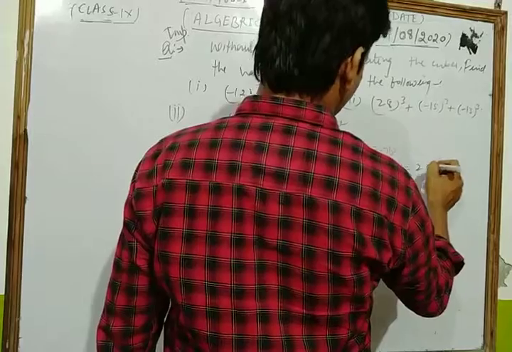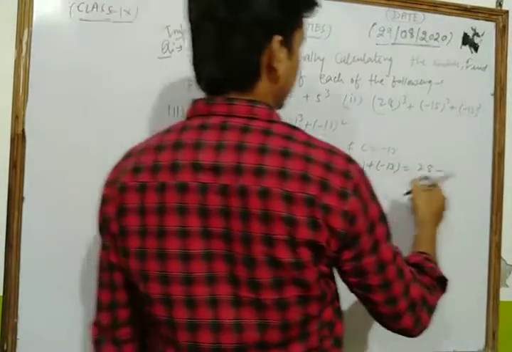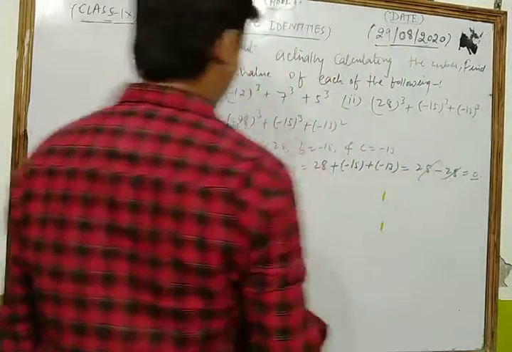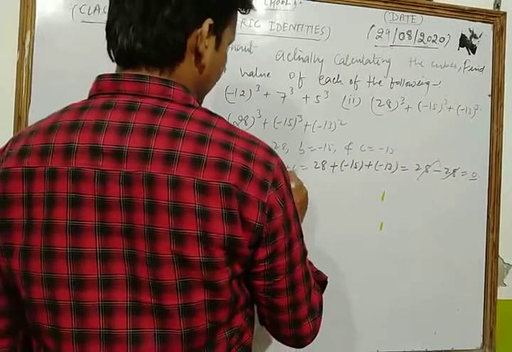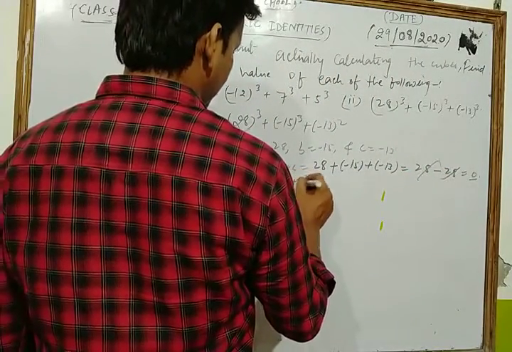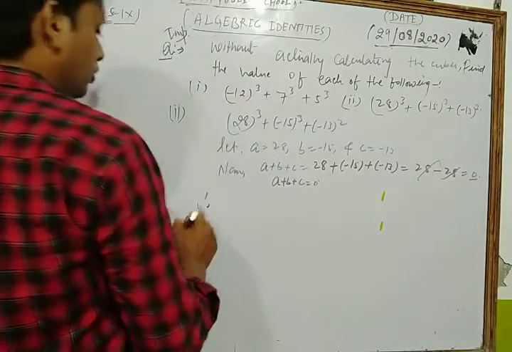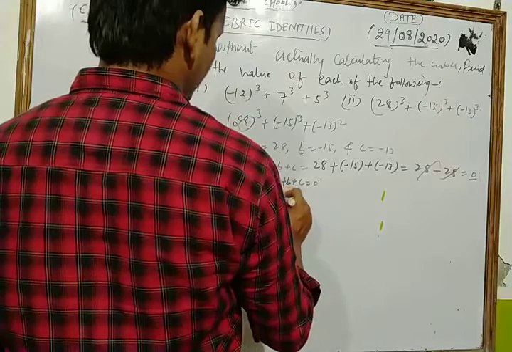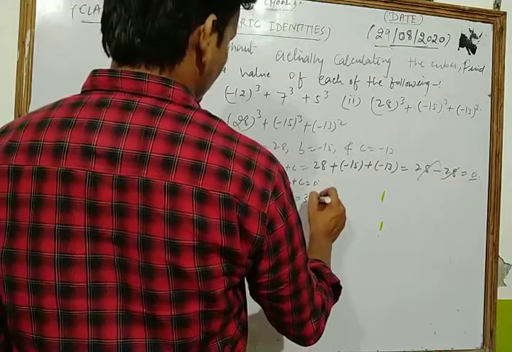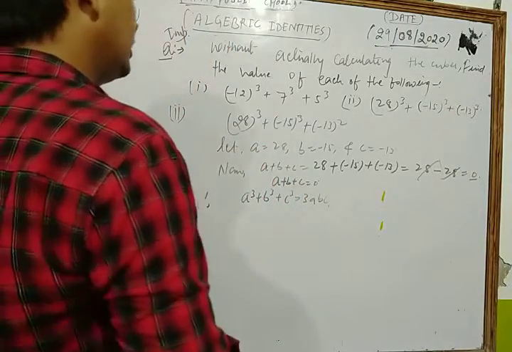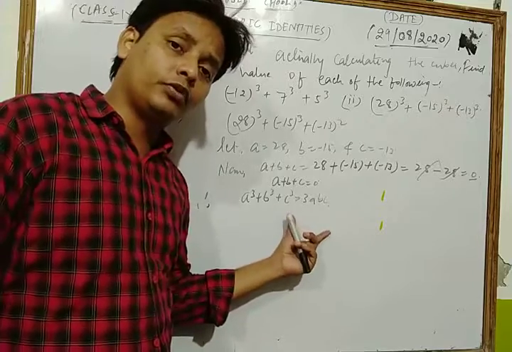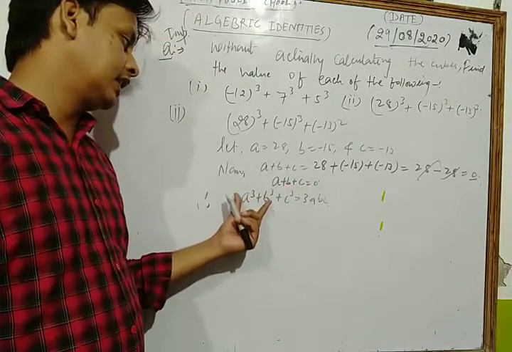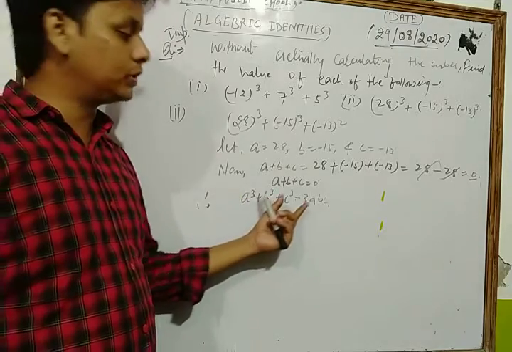So we get 28 minus 28, and hence our result is 0. Since a plus b plus c is equal to 0, therefore a cube plus b cube plus c cube is equal to 3abc. This is a very important algebraic identity of your syllabus, dear student. If a plus b plus c is equal to 0, then a cube plus b cube plus c cube is equal to 3abc.